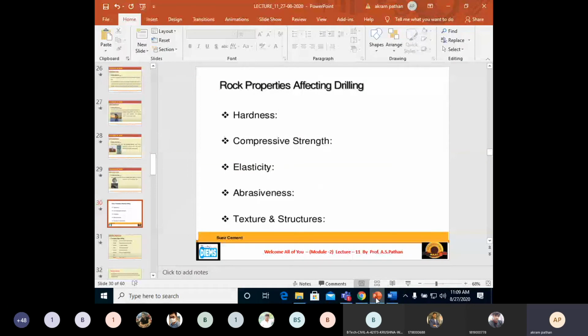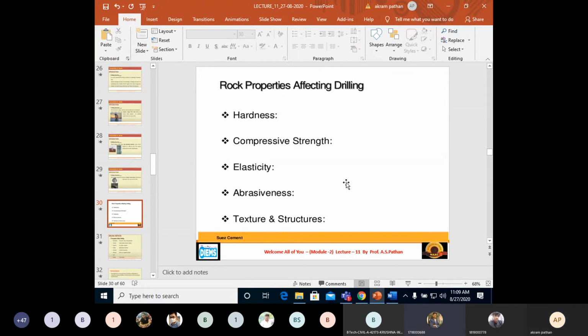Hardness, compressive strength, elasticity, abrasiveness, texture and structure. Hardness is nothing but the roughness coefficient of that material, how rough that material is.